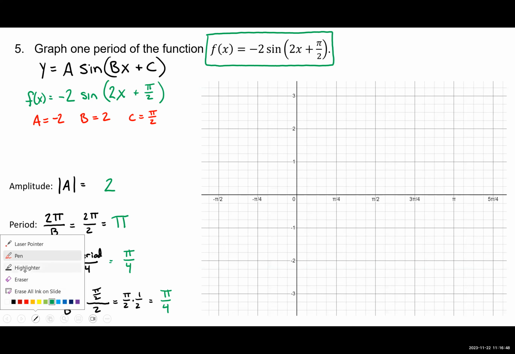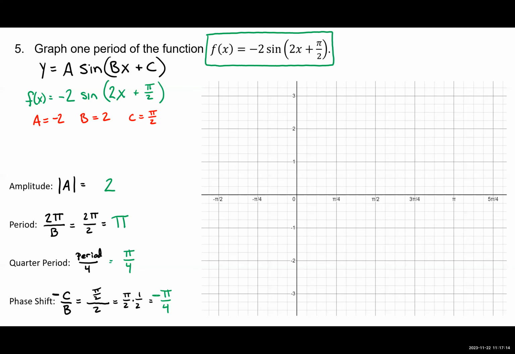And I usually like throwing in the negative sign here because you got to remember that the horizontal shift works in the opposite direction. So I think visually it's helpful if we include the negative sign here and say, you could either say negative pi over 4, or you could say pi over 4 to the left, right?